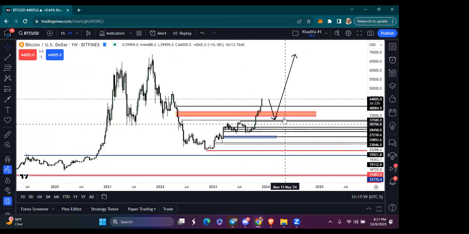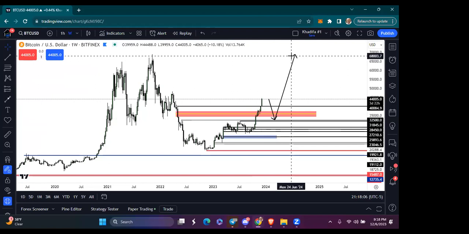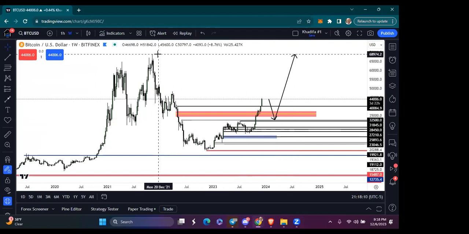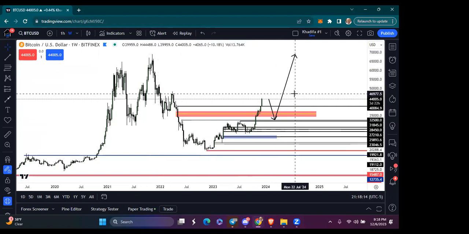We won't see these prices again for a while. We probably definitely see them again, but it won't be until after we run all-time highs of 68,900.